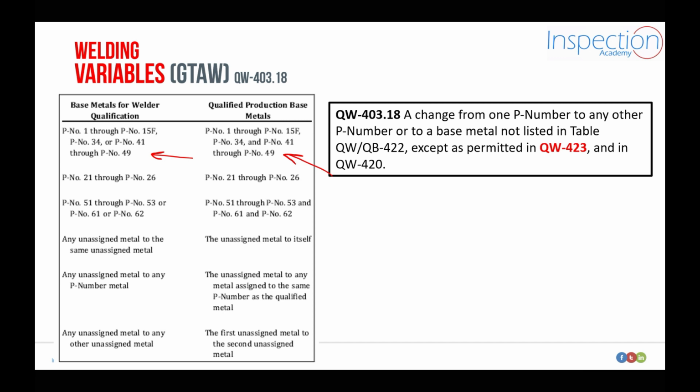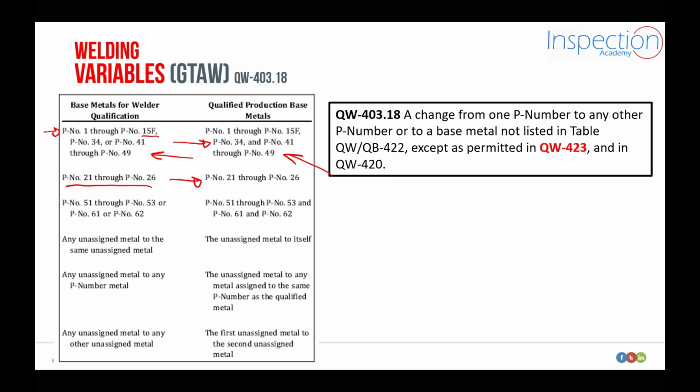In the first row, for P number 1 through P number 15F, if a welder can weld from P number 1 to P number 15F, then this welder can weld from P number 1 through P number 15F, and he can also weld P number 34 and P number 41 through P number 49. If a welder can weld from P number 21 through P number 26, then this welder can weld from P number 21 through P number 26.